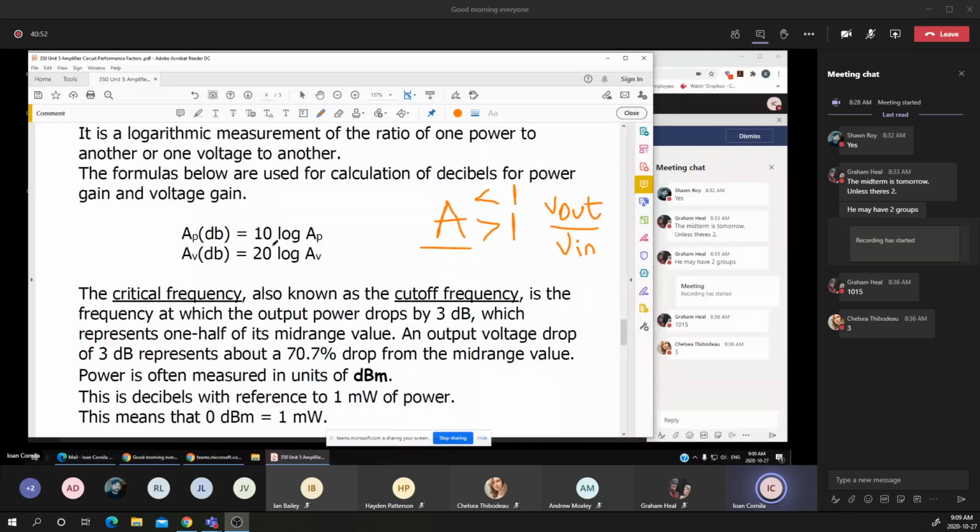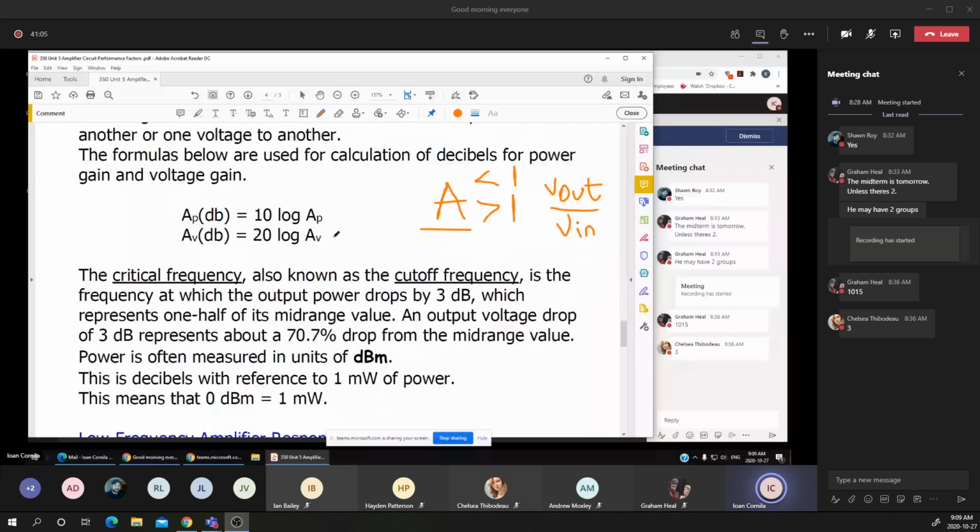Now we have the two relationships, or the two ways of evaluating the gain in terms of the power or in terms of the voltage. Sometimes you will see the AP, or the gain in power, and we can calculate the gain in power as 10 log of AP.